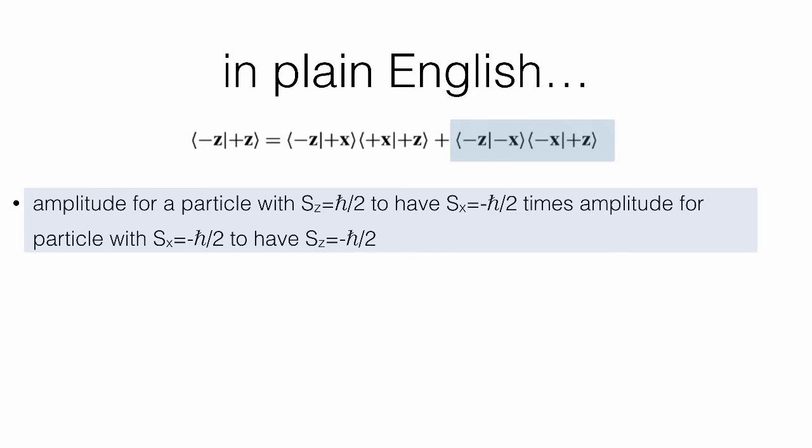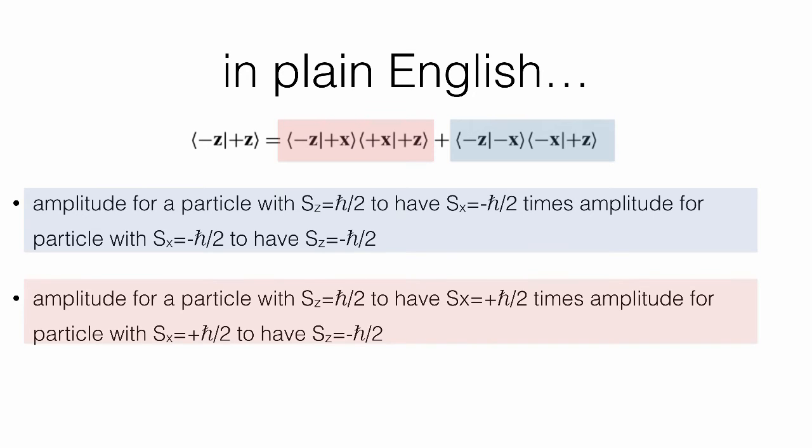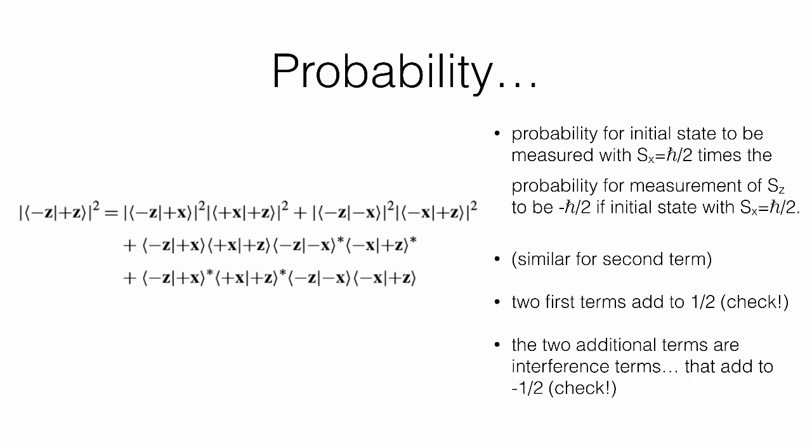Okay, good. We can do the same for the other box. I'm not going to spell it out, but this is what is written there. And of course, we have to multiply those amplitudes. So we have to multiply all those things together, and let's see what we get. Well, the full probability will be the square of the modulus, and we have, of course, the square of the modulus of four terms, so we end up with all those terms here.